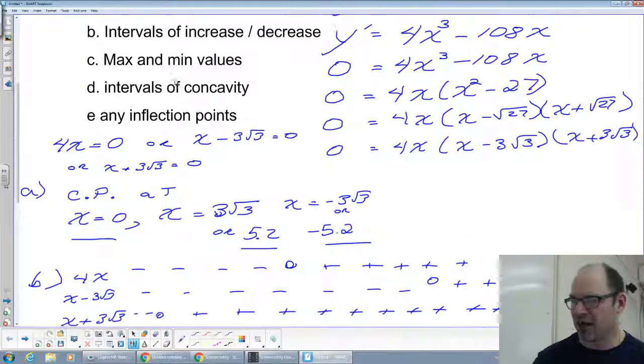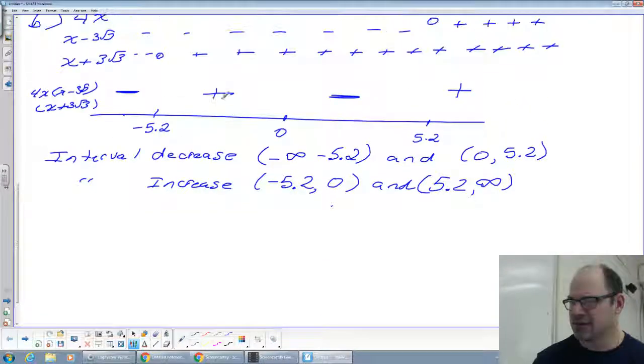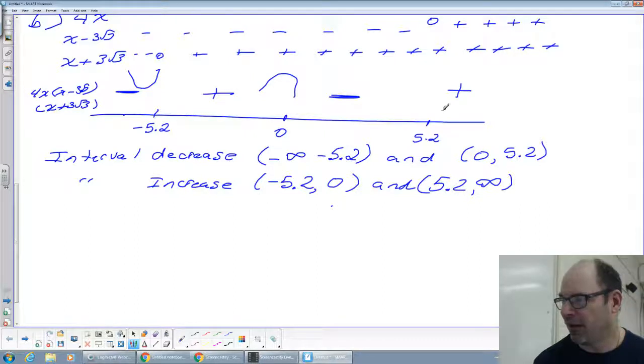Now we can do the max and min values just looking at this. At this critical point, we have a negative, a flat, and a positive. At this one, we have a positive, a flat, and a negative. And at this one, we have a negative, a flat, and then a positive.